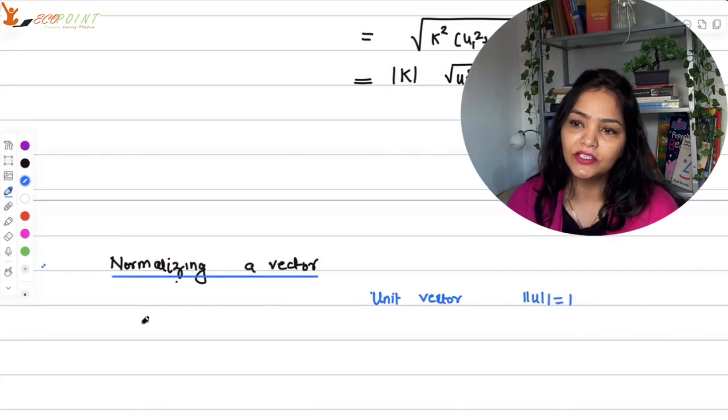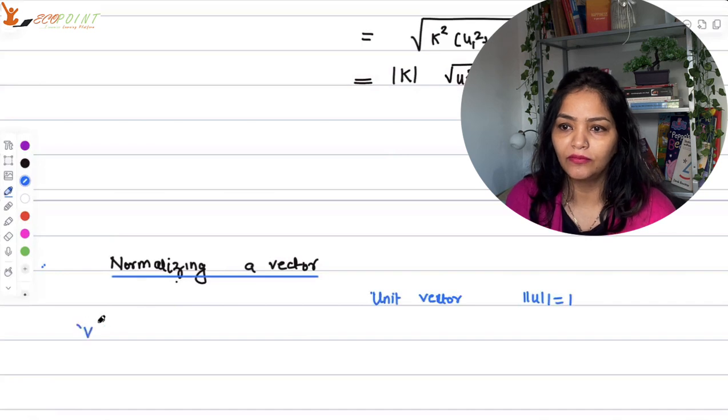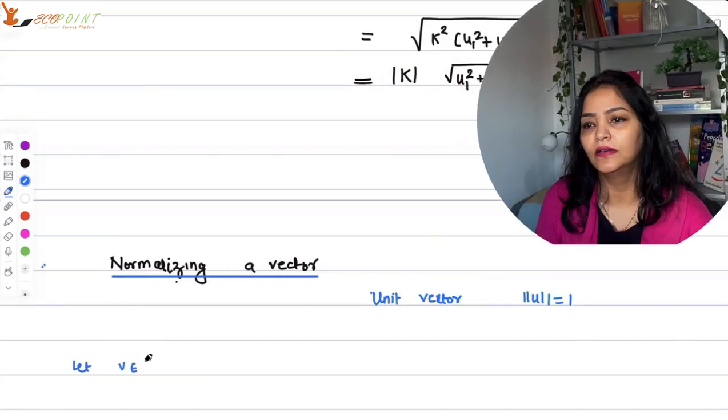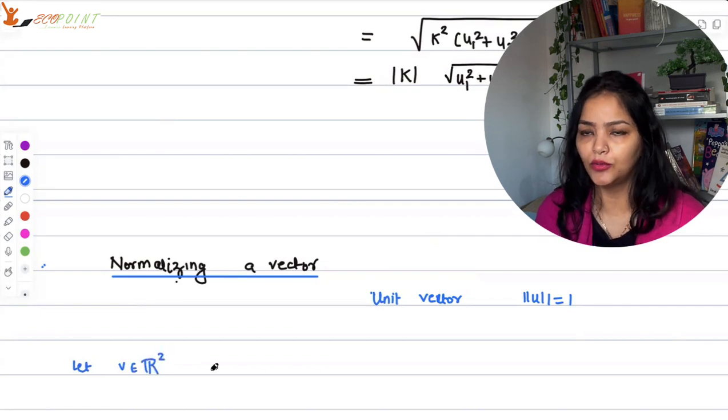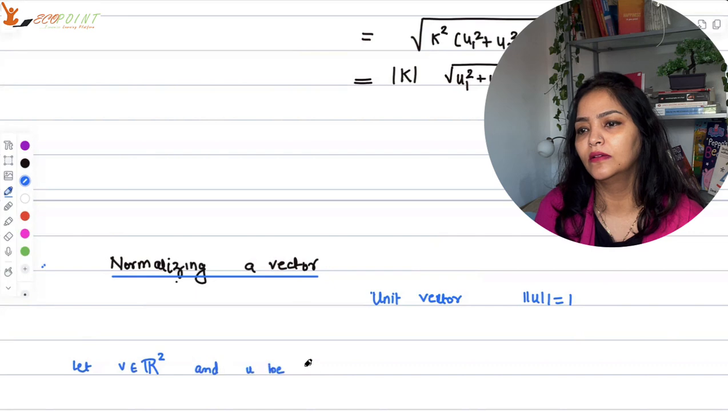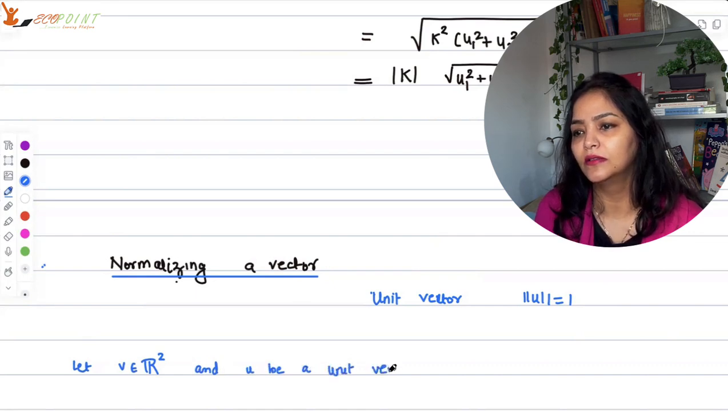How? Just imagine that you have a vector v. Let v be a vector, say in R2, and u be a unit vector in the same direction.